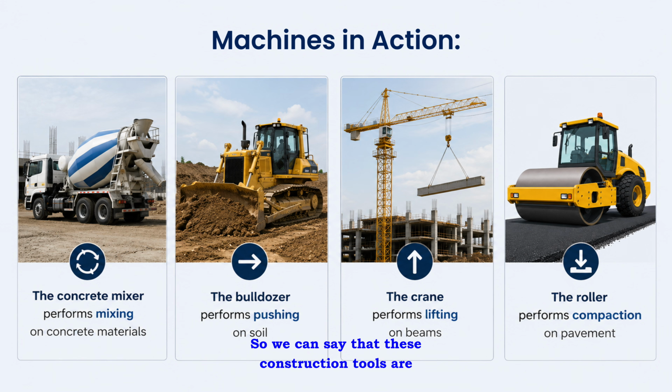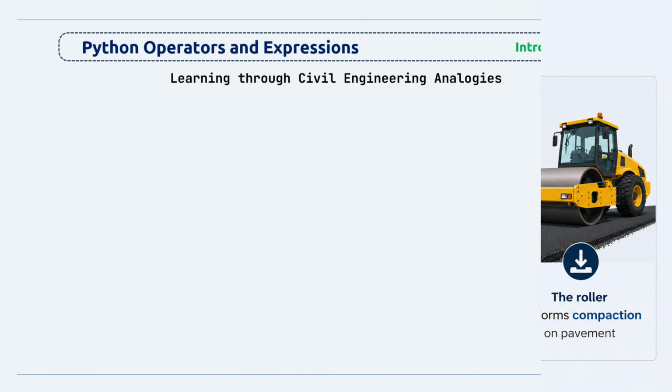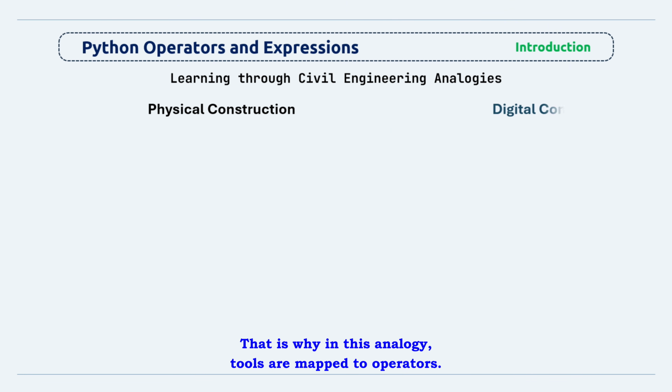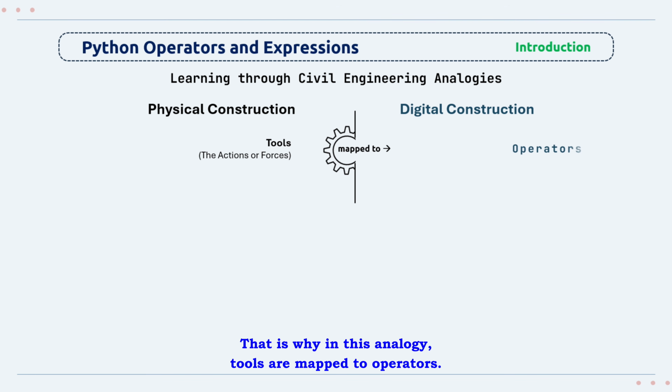So we can say that these construction tools are responsible for performing actions or operations. Similarly, in Python programming, operators are symbols that perform action on data. That is why in this analogy, tools are mapped to operators.